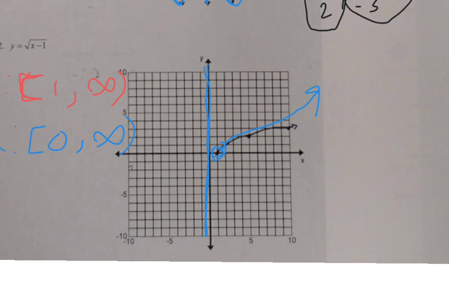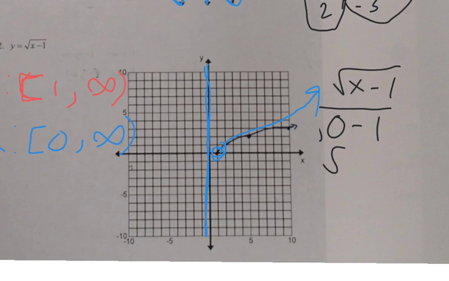Okay, so just like the last problem, we can solve this one algebraically as well. So notice it's the square root of x minus 1. If you did choose 0 like we did in the last problem, we have the square root of 0 minus 1, which is the square root of -1, and we know that you cannot have the square root of a negative.